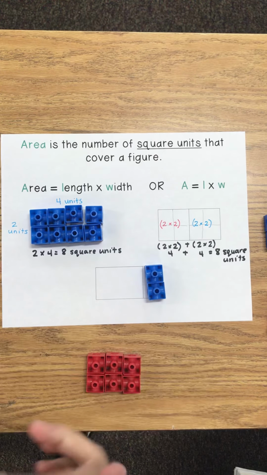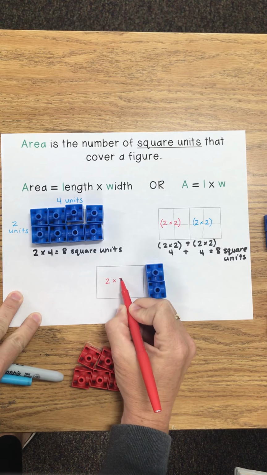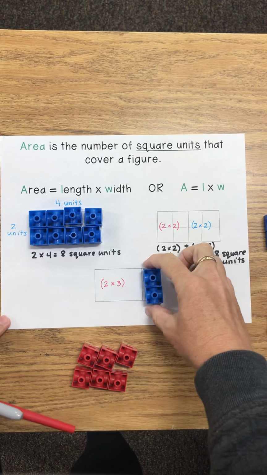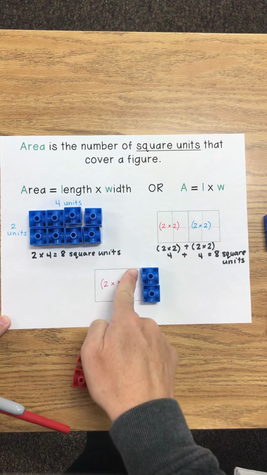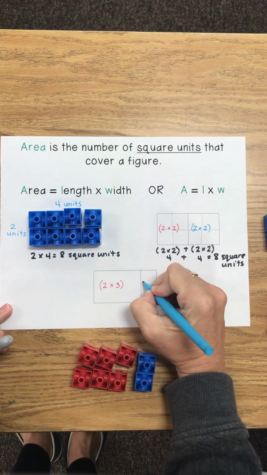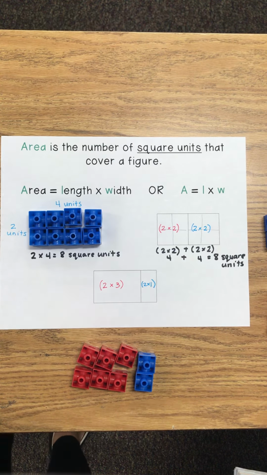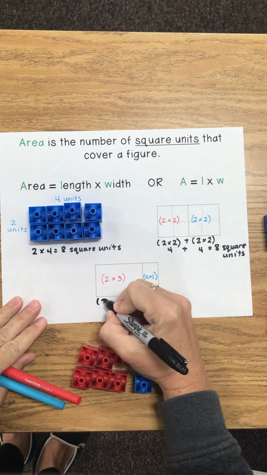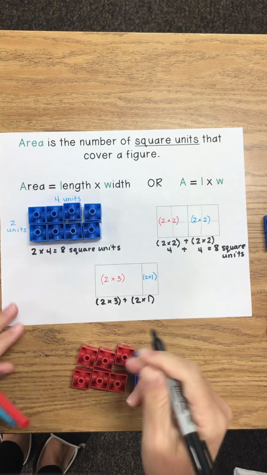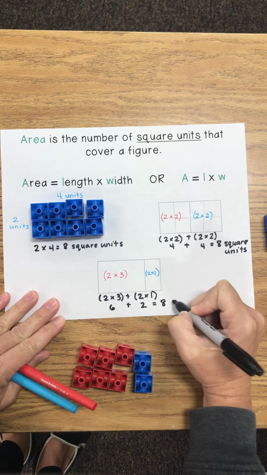So my equation to represent that section would be 2 times 3. The smaller section, represented by the blue square units, actually measures 2 times 1. Okay, so my equation for this rectangle would be 2 times 3 plus 2 times 1. And I get 2 times 3 is 6 plus 2 equals 8 square units.